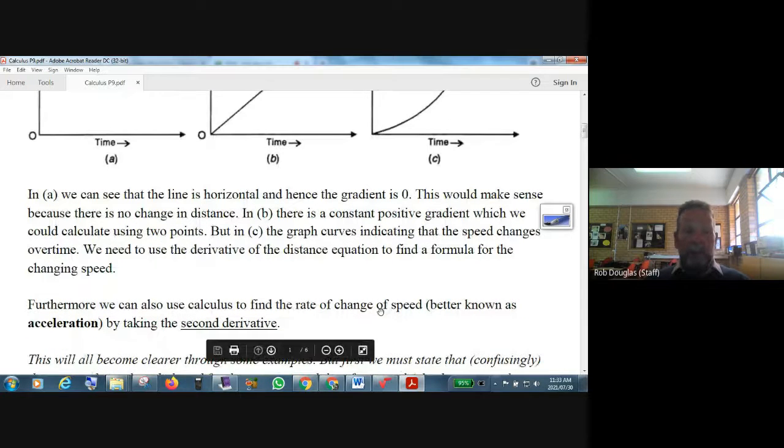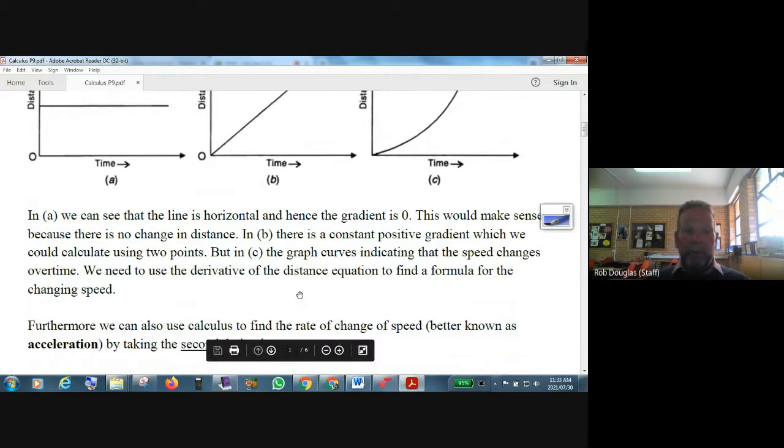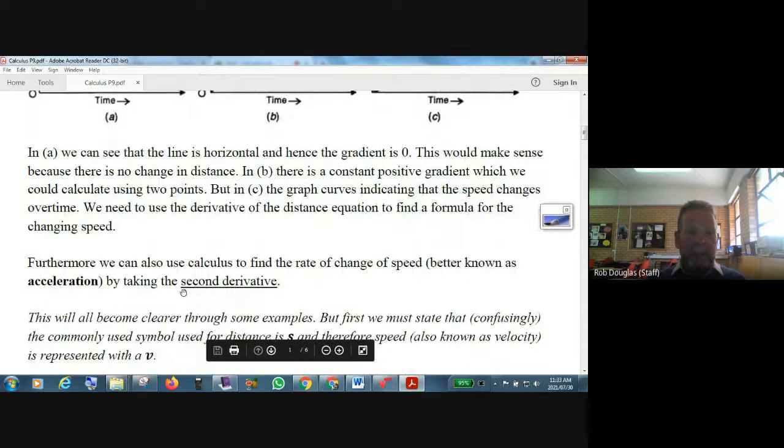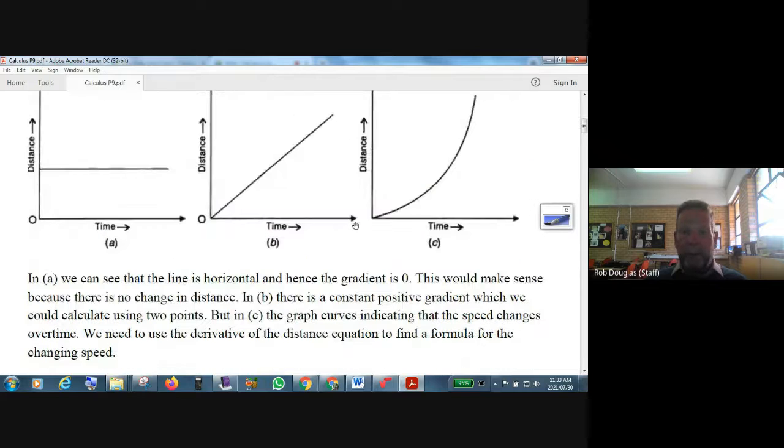Now, when we do calculus, when we take the derivative, we're getting a formula that tells us the gradient at any instant of time. That's what it's for. And you get the gradient of distance versus time. The derivative tells you for any x value, as the x values in time change, you could find the changing rate at any instant of time.